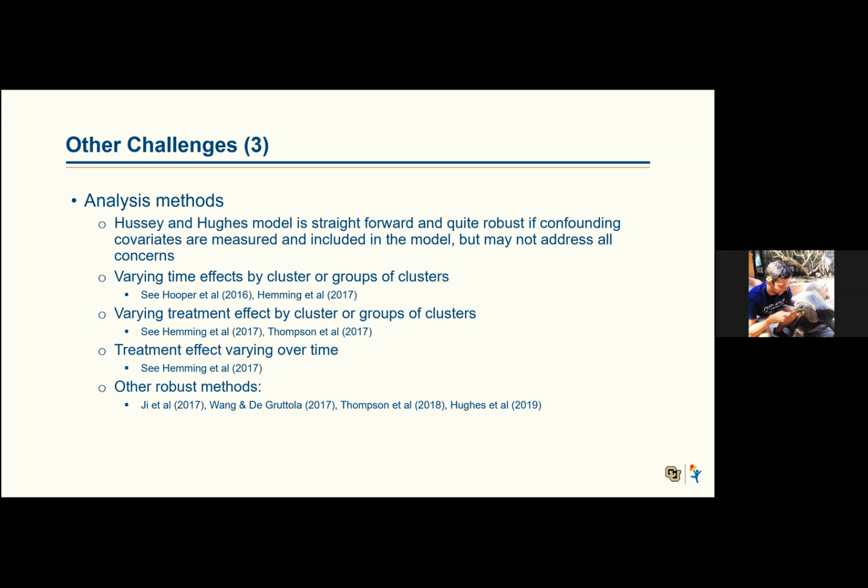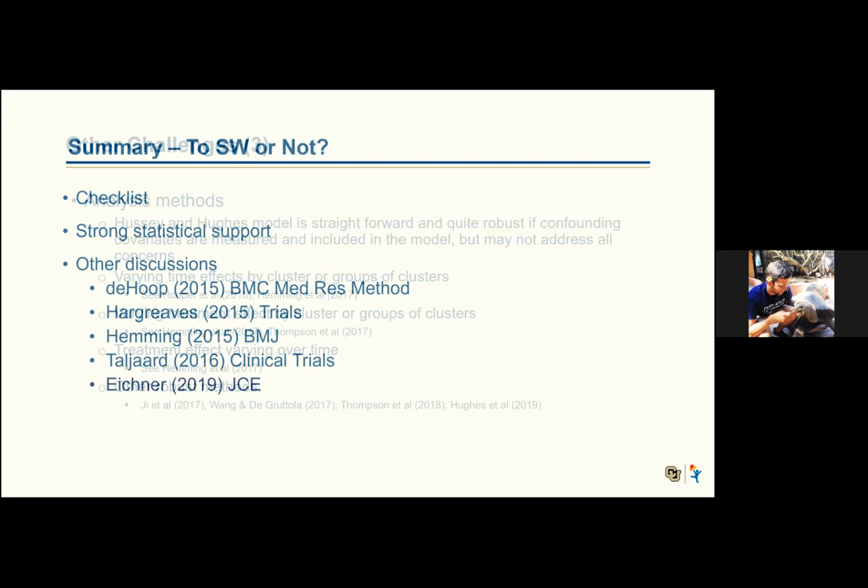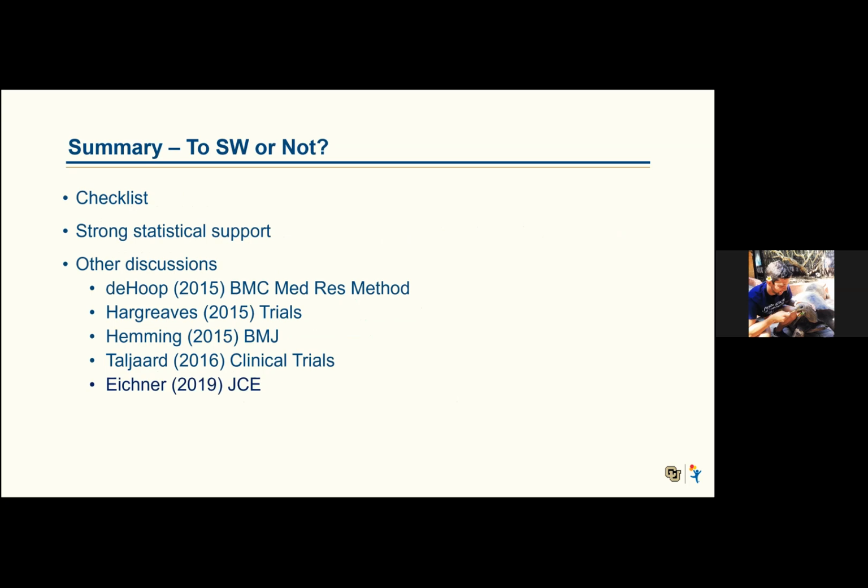So in summary, to stepped wedge or not. Think about the checklist and make sure that you have strong statistical support. And you might look at some other discussions. These other ones talk about other issues than some of the ones that I've addressed.